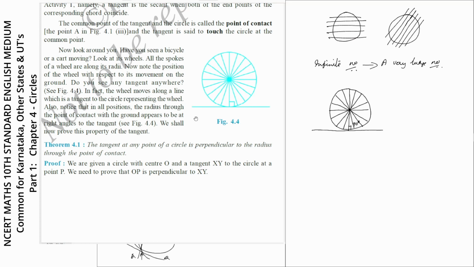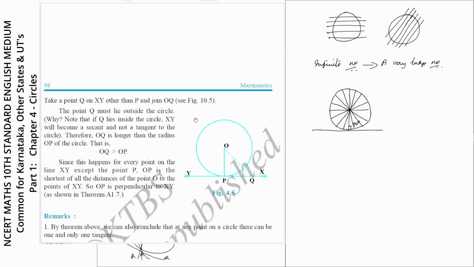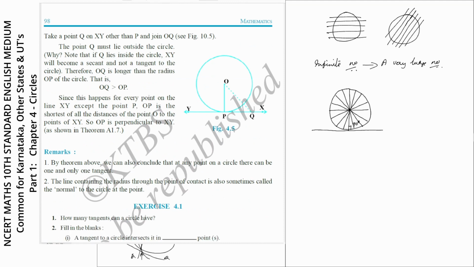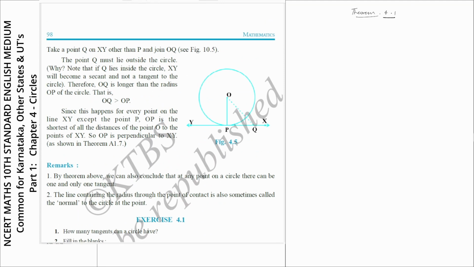So theorem 4.1 says that the tangent at any point of a circle is perpendicular to the radius through the point of contact. So what is a point of contact?